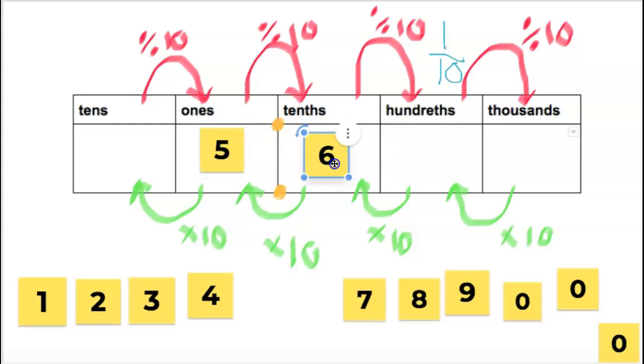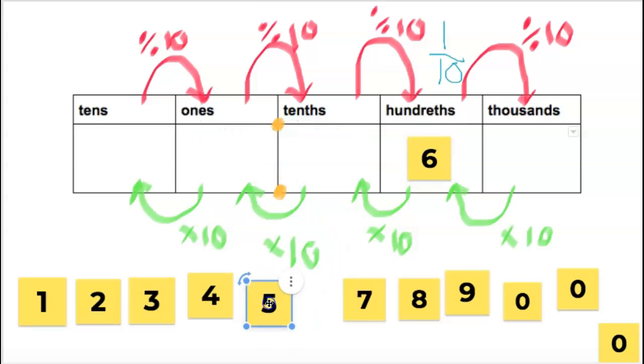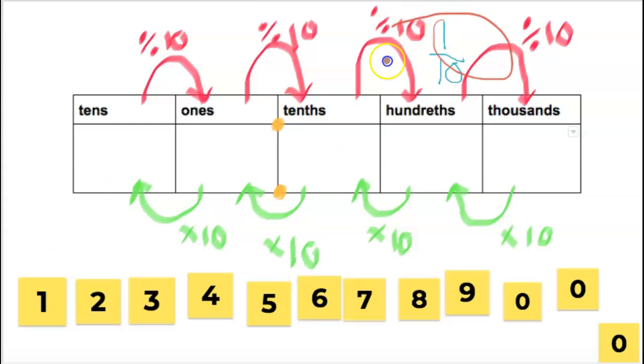The other way to say it is if I want to find 1/10 of 56, I divide it by 10, which means I move it over one place to the right. Okay, so we need to remember that dividing by 10 is the same as finding 1/10 of a number. Anytime we divide by 10, we are finding 1/10 of a number.